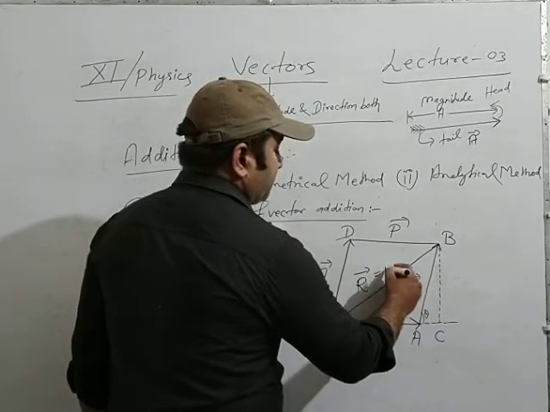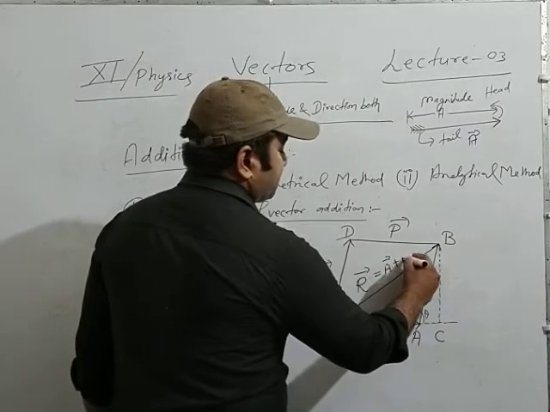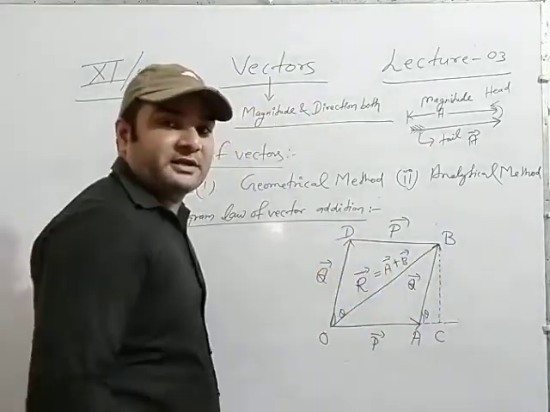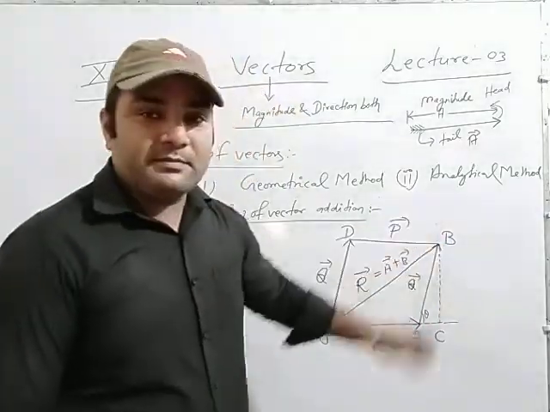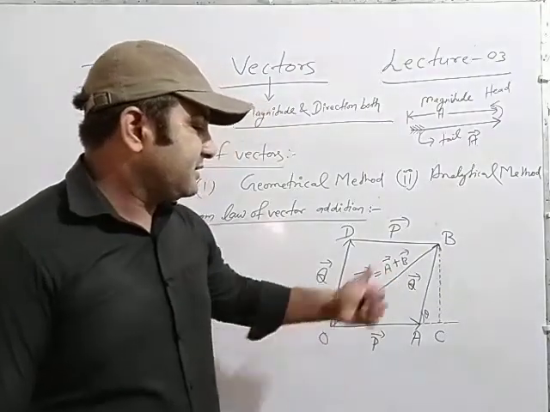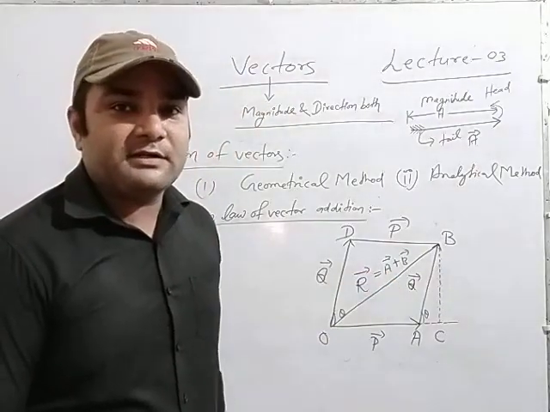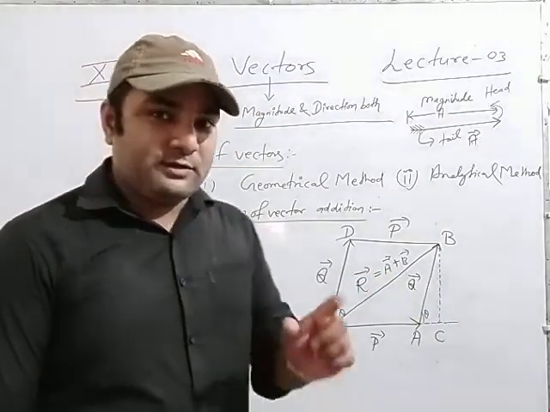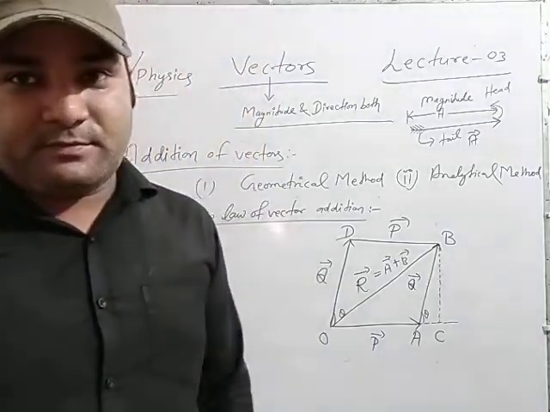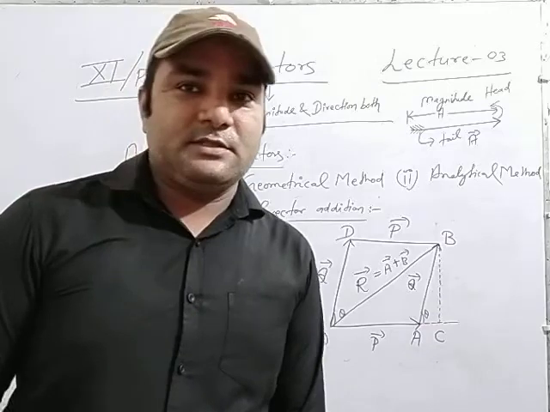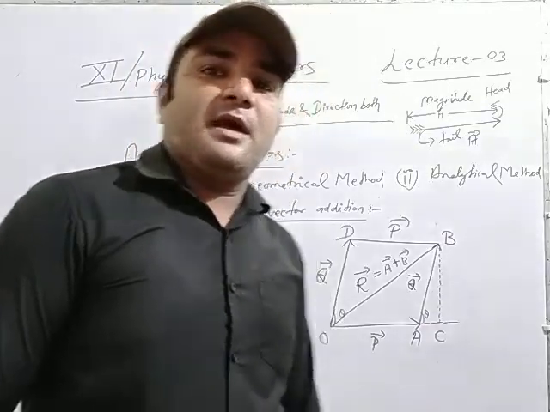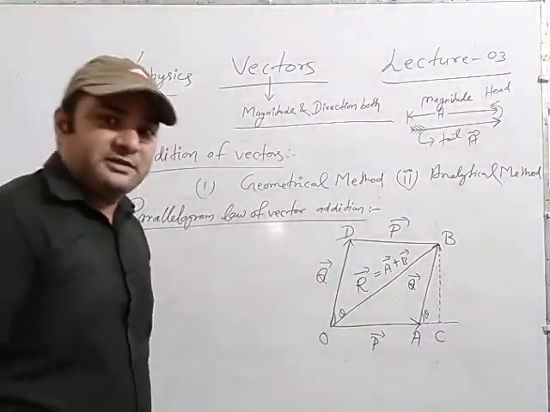R is equal to A plus B. Just by the geometrical concept, from the tail of vector A to the head of vector B represents A plus B, that is also denoted here by vector R. So we have to calculate the magnitude of the resultant of two vectors. Let's see, very easy concept, how to calculate the magnitude of the resultant of two vectors.